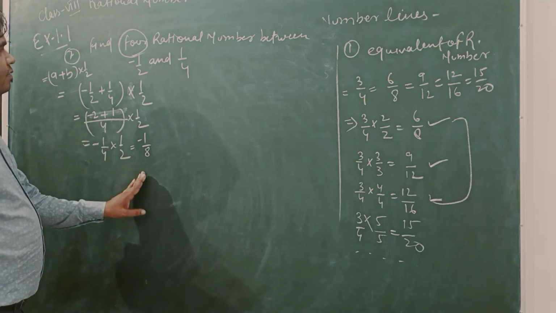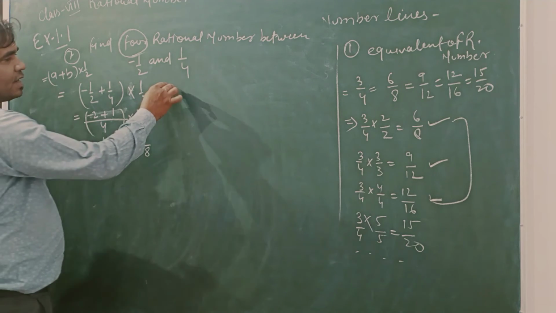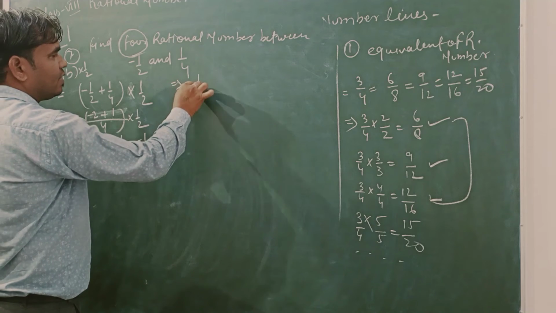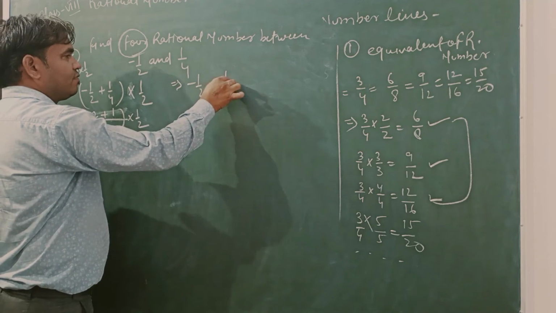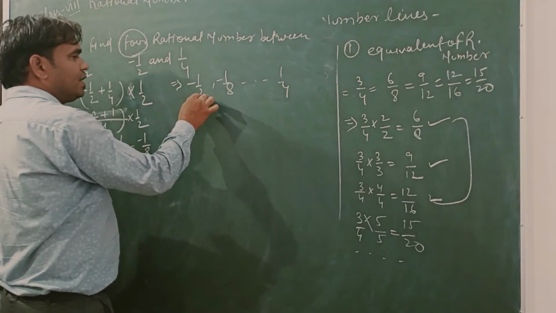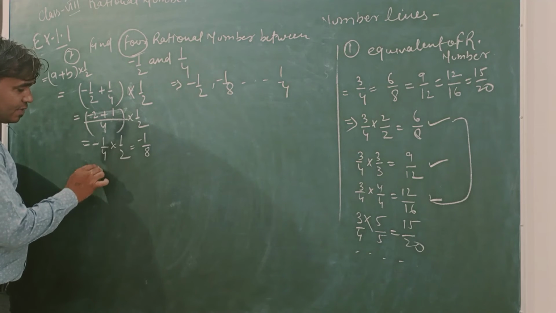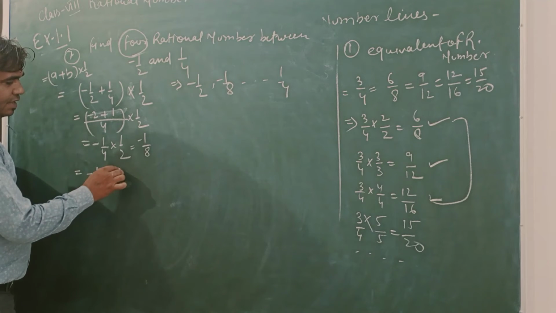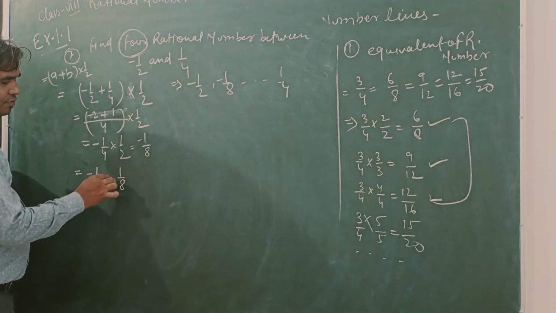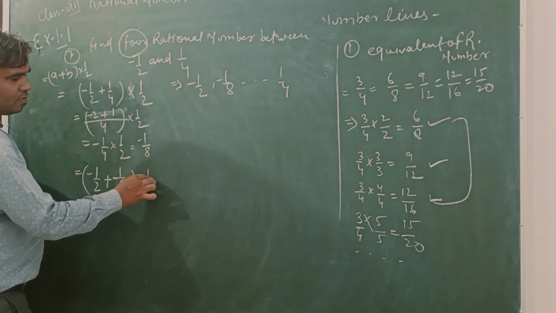So one number is minus 1 over 8. Now we can write here minus 1 over 2 and minus 1 over 8, that is, and 1 over 4. So here you see, we take again minus 1 over 2 and minus 1 over 8.